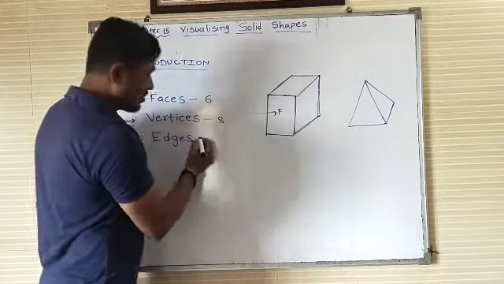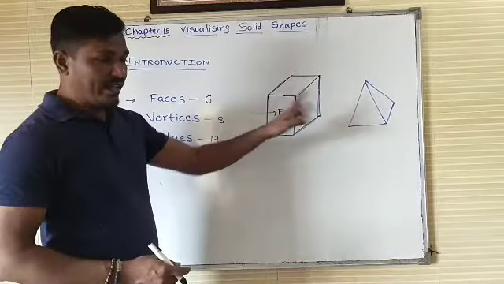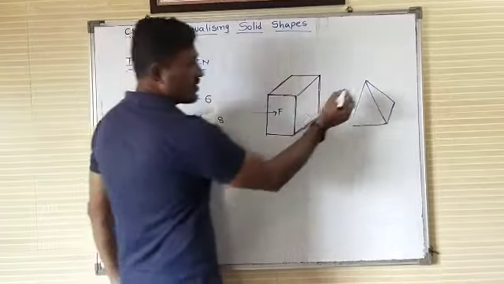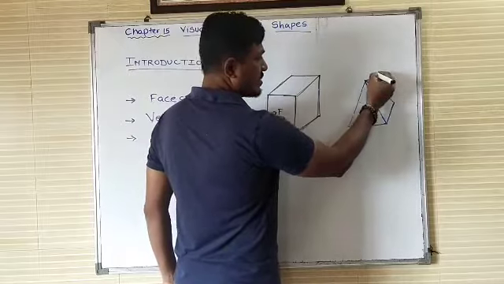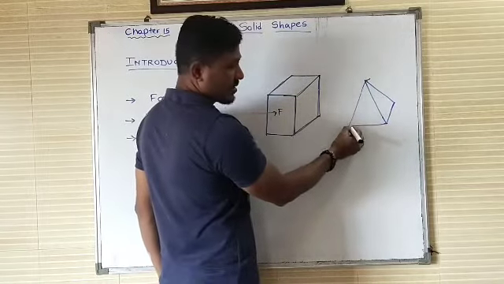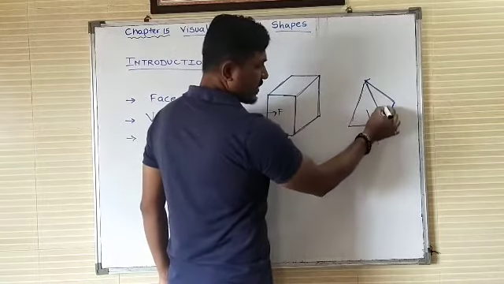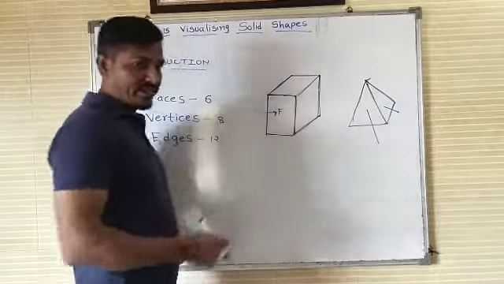So total 12 such edges are there. See, this is a vertex, vertex, vertex and vertex, these are the edges, and these flat surfaces are the faces.